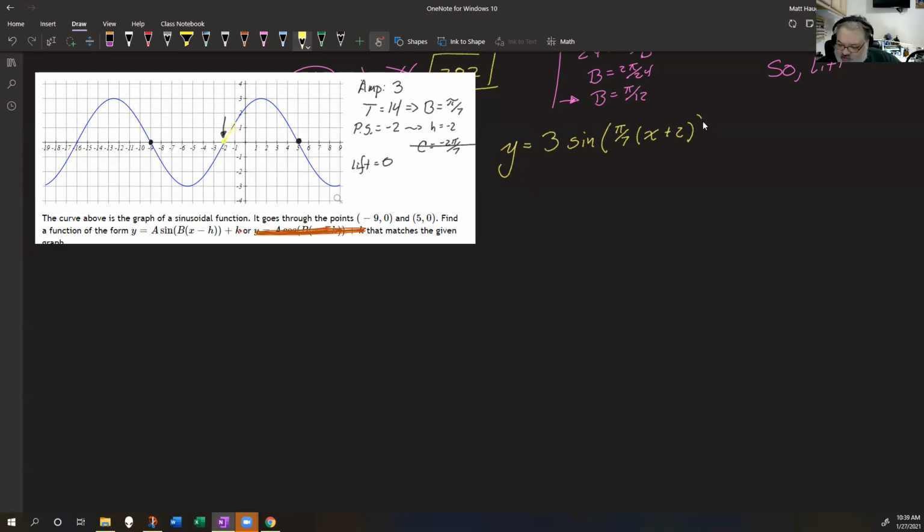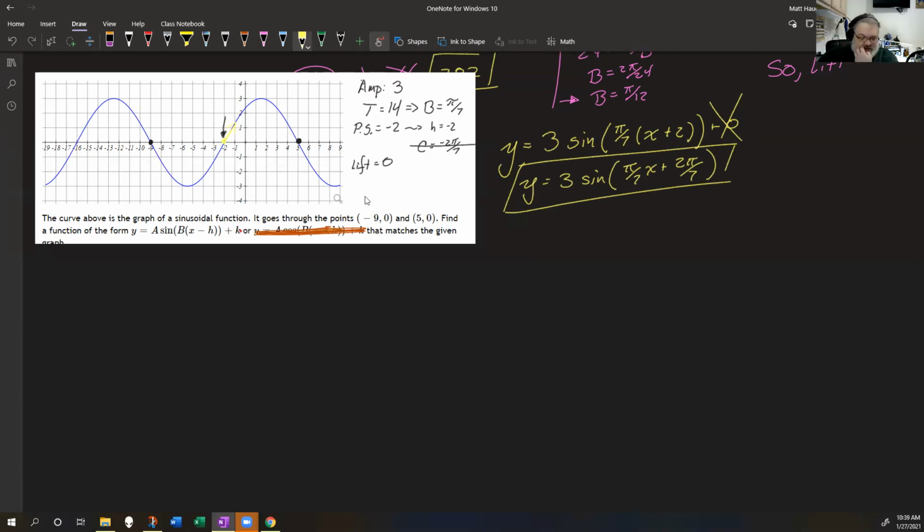That is something to always be careful of. Plus 0 to be complete. You don't have to write that. So y equals 3 sine pi over 7 x plus 2 pi over 7. And again, the computer often likes it in that top form, but I just apparently can't emotionally stand leaving that alone.